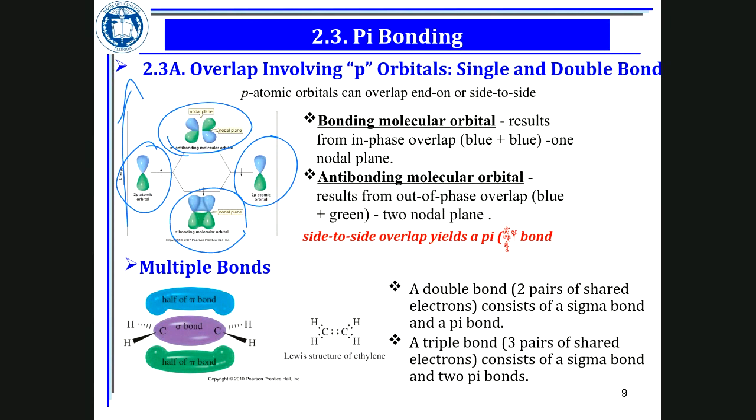Energy level for anti-bonding is much higher than atomic orbitals. Then you have your pi molecular orbital that is forming. It's like half a pi up and half a pi down here along the nucleus line.